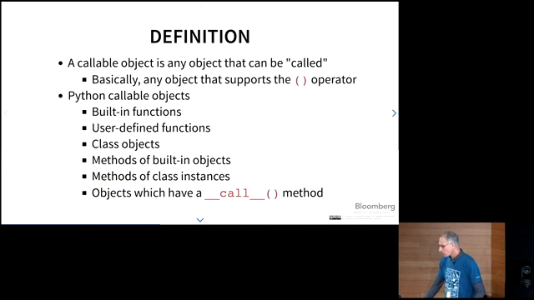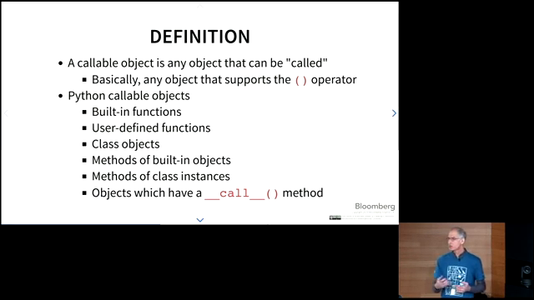So the definition of a callable is any object that can be called. A little bit of a recursive definition there. But basically, it's any object that supports the paren operator, which is to say it can be called like a function. Python callable objects that you might be familiar with are any of the built-in functions. Any function that you write yourself is a callable.